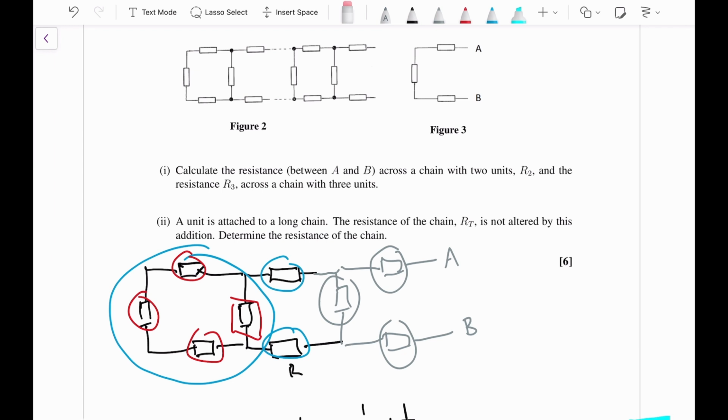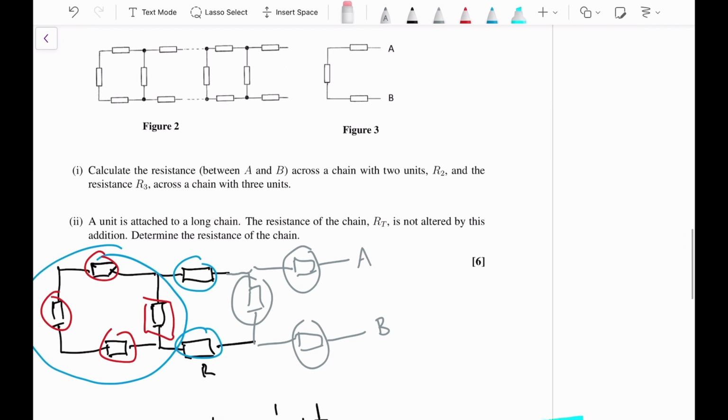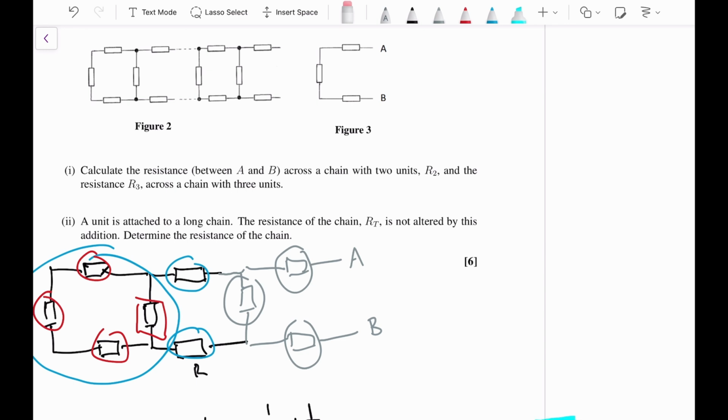Okay, so I suppose we can assume that this chain is infinitely long, and then it reaches a point where if you add another unit, the resistance will not change. So how do we do this? From the question, what it says is that the resistance of chain RT is not altered by this addition.